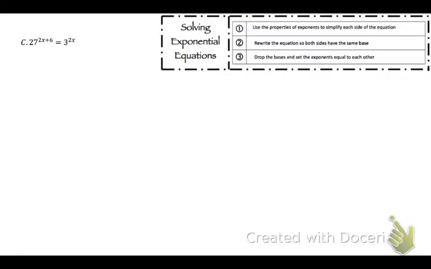Okay, let's look at this one. 3 to the 2x, 3 is as small as we can get it. Now 27 is the same thing as 3 cubed. So I'm going to replace that with 3 cubed. So I have 3 cubed times the 2x plus 6 equals 3 to the 2x. Now I can drop those bases, set the exponents equal to each other.